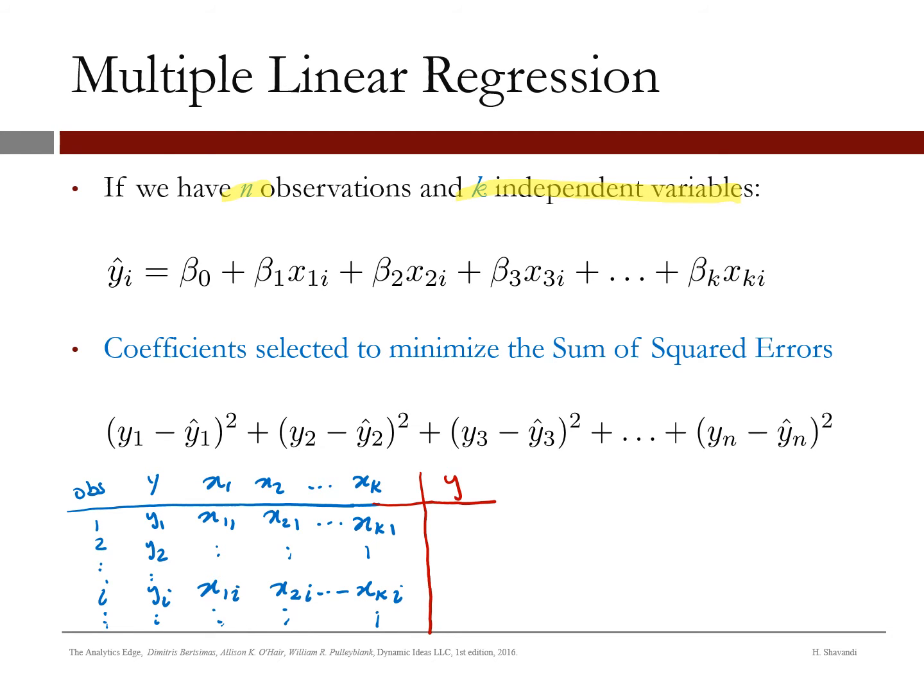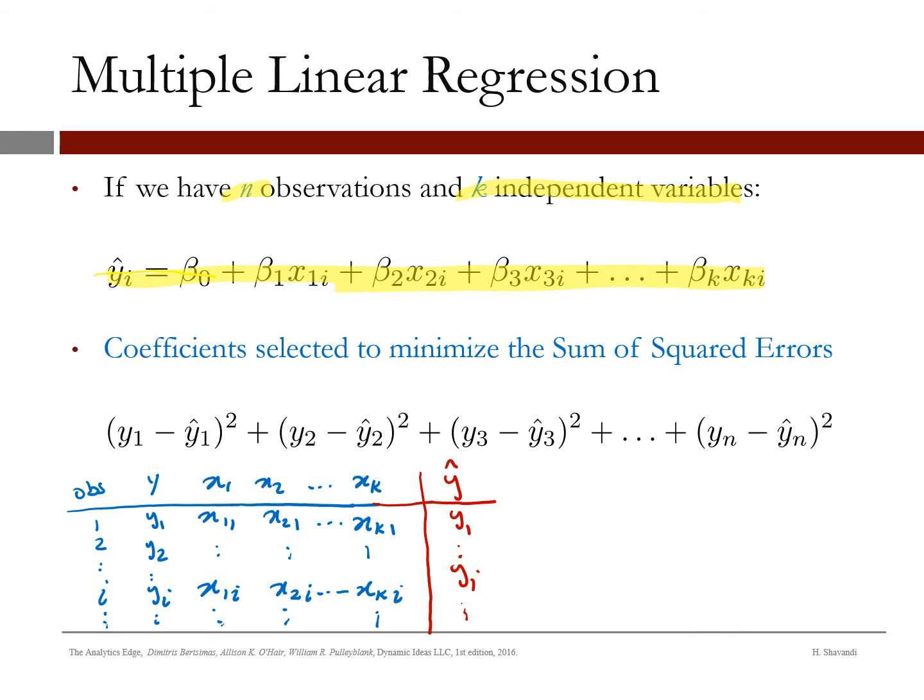We usually show the prediction by y hat, so y hat 1 up to y hat i, and so on. And y hat i is obtained by this linear equation.